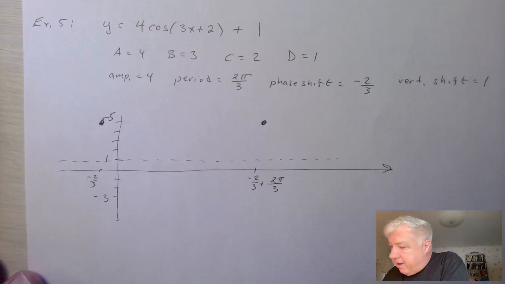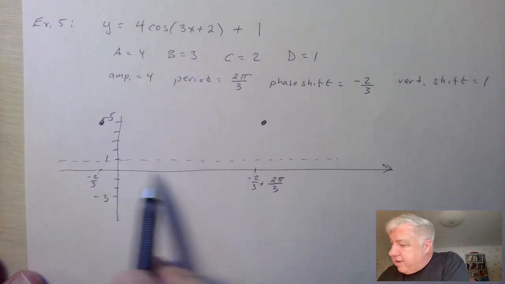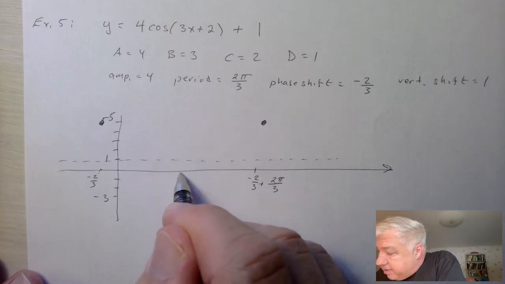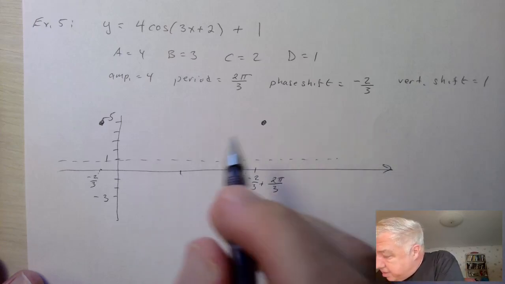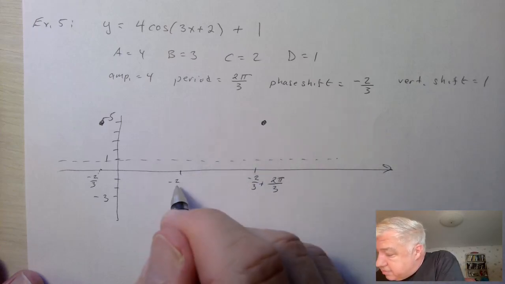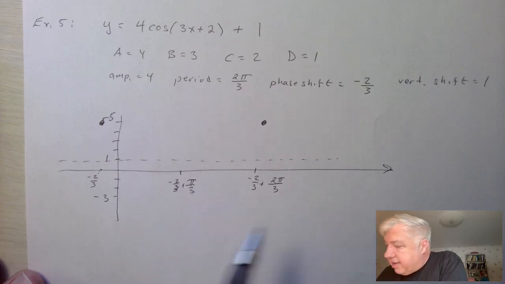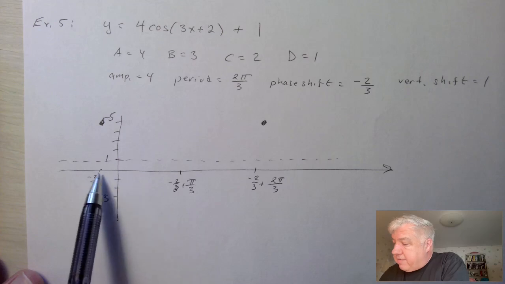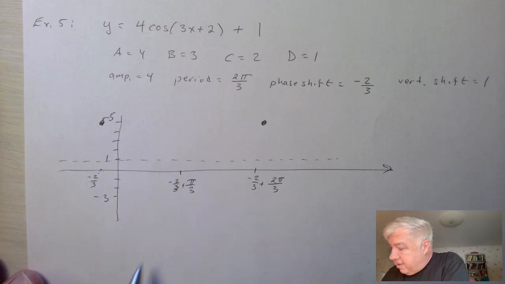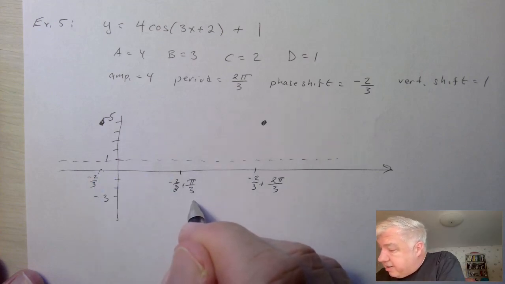And then that means halfway in between, from here to here, at negative 2/3 plus pi over 3. Okay, again, that's because pi over 3 is half this distance. We have a point here at negative 3.